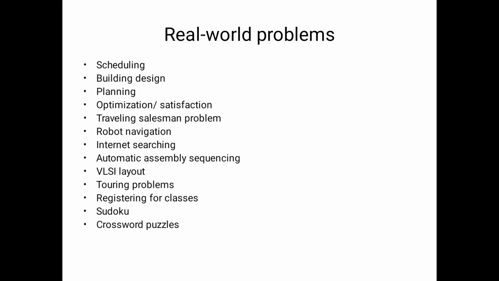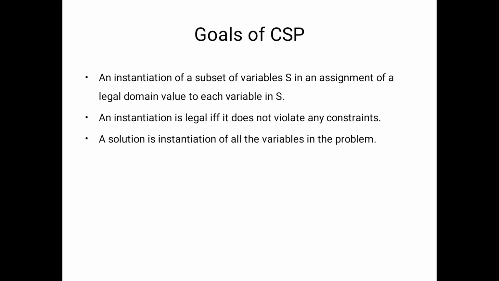What is the goal of a constraint satisfaction problem? Here we have three goals regarding the variables, the domains, and the constraints. The first goal is an instantiation of a subset of variables, an assignment of a legal domain value.